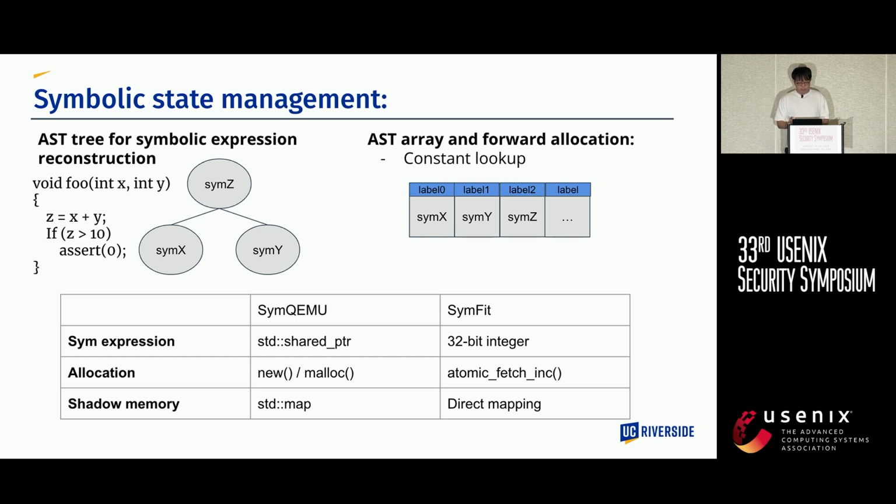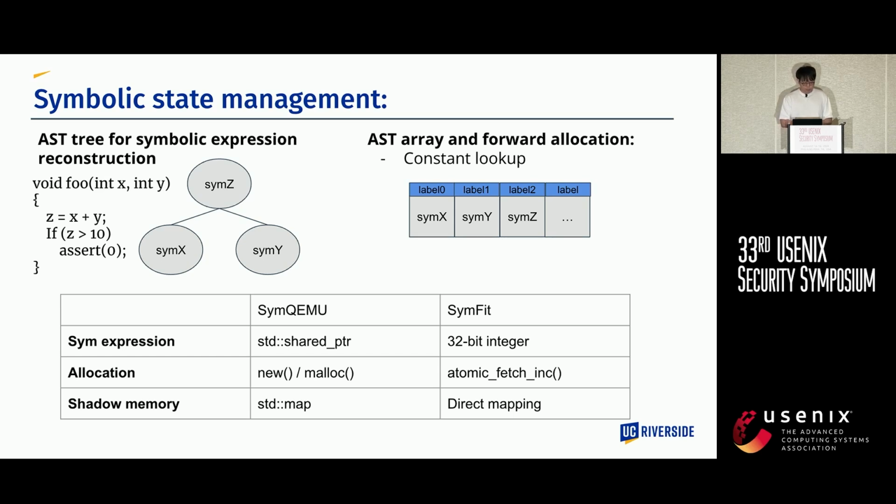It's an array, and every symbolic expression is identified by a 32-bit integer, which is the label, and is also the offset of that specific symbolic expression in this array. So with this design, the allocation becomes a simple atomic increment of the last allocation label. And we can achieve very fast lookup of the symbolic expression and also the allocation.